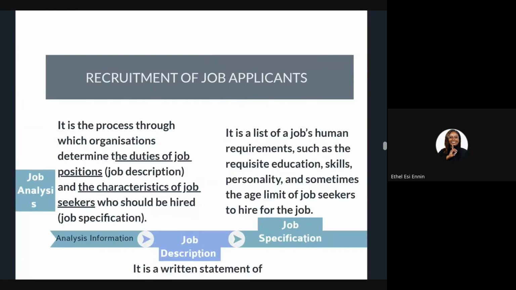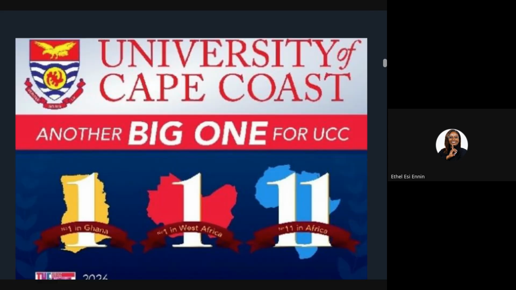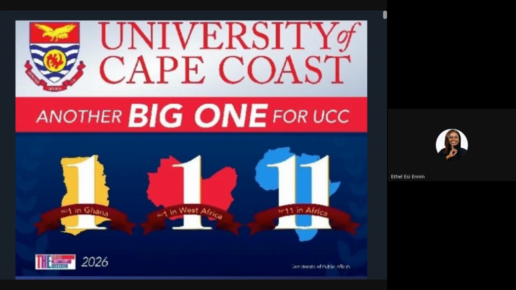We are number one in Ghana, number one in West Africa, and then 11th in the whole of Africa. So they can say whatever they want to say. I've got it here, according to, is it Times something? I can't see it clearly. So there's data backing.